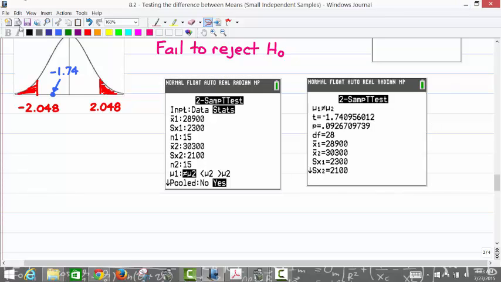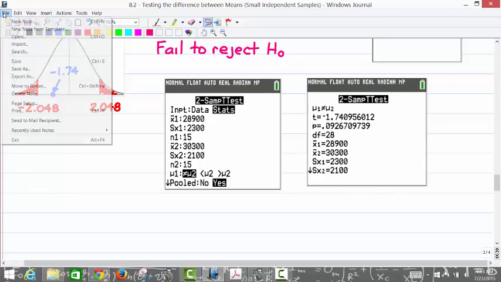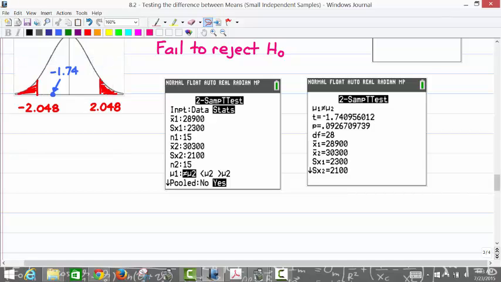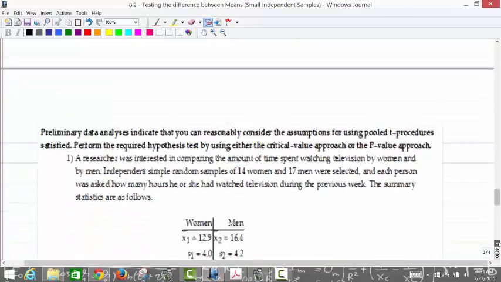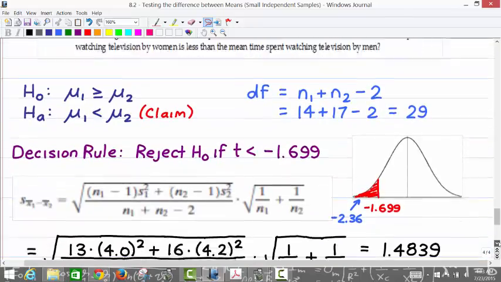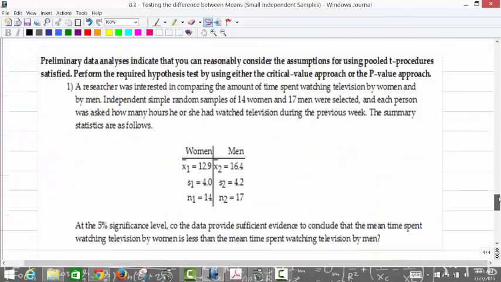All right, so that takes care of that. Let me go and save this file. And here's one more example. By now you probably have the hang of this, so we'll go through this one faster. Television time watching, women and men. 14 women, 17 men.